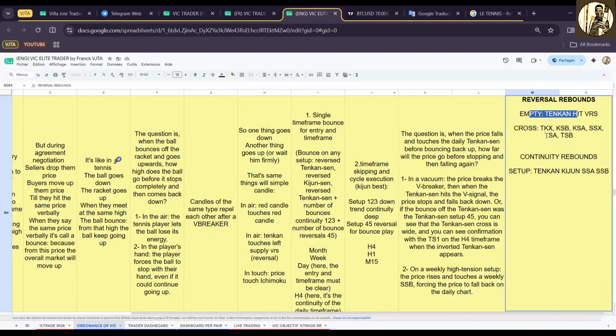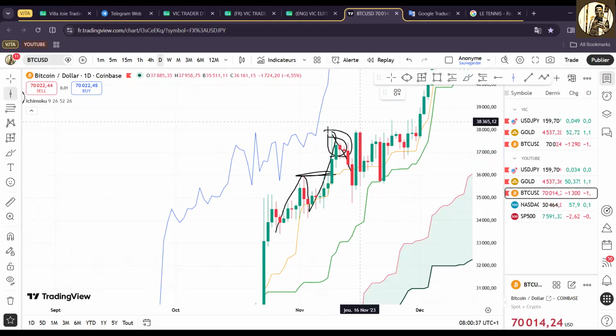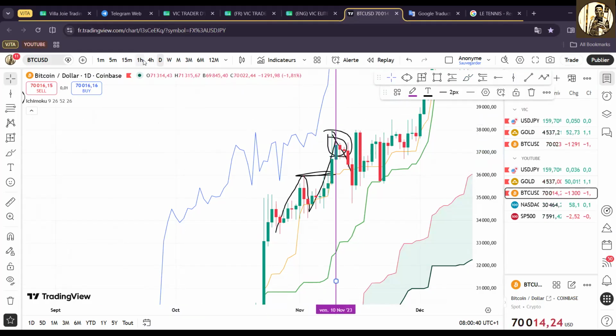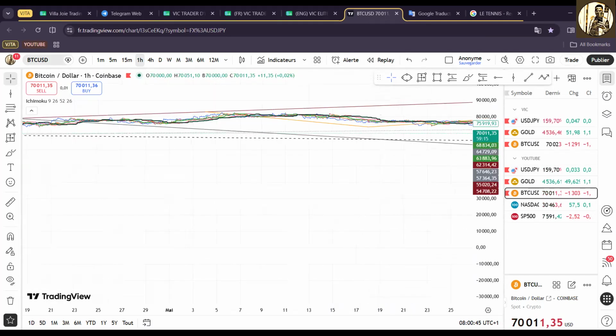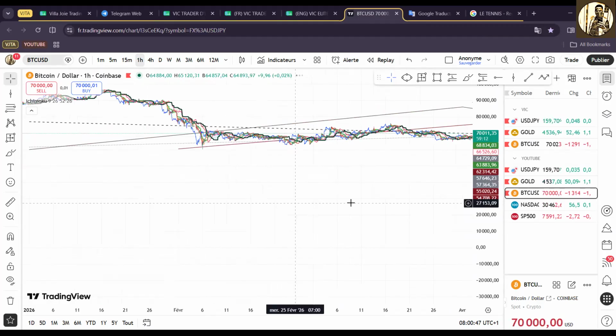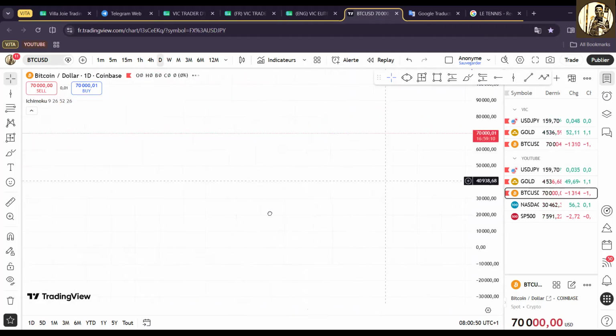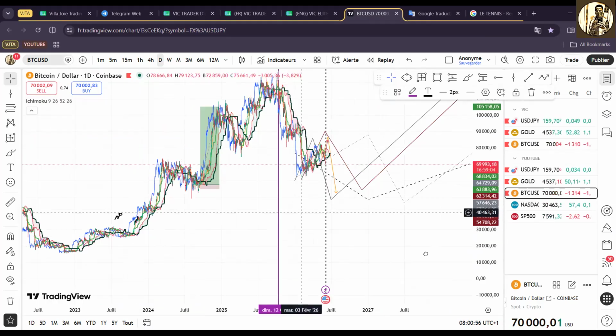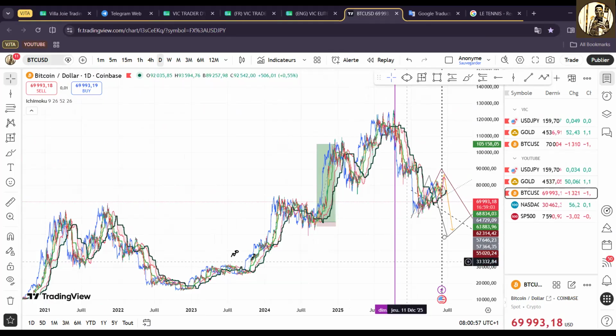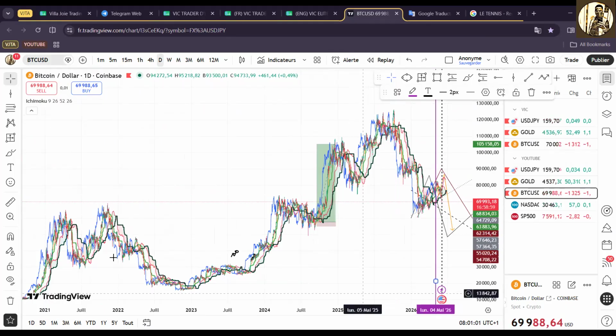And then the Tenkan cross also, the KSB, the KSA, the cloud crossing each other, they can cross SSA, they can cross SSB. So if you go here and then you go on 1 hour, I don't think we're going to have enough candles. Let me take another case to be a little bit quicker. Let me take a most recent case.